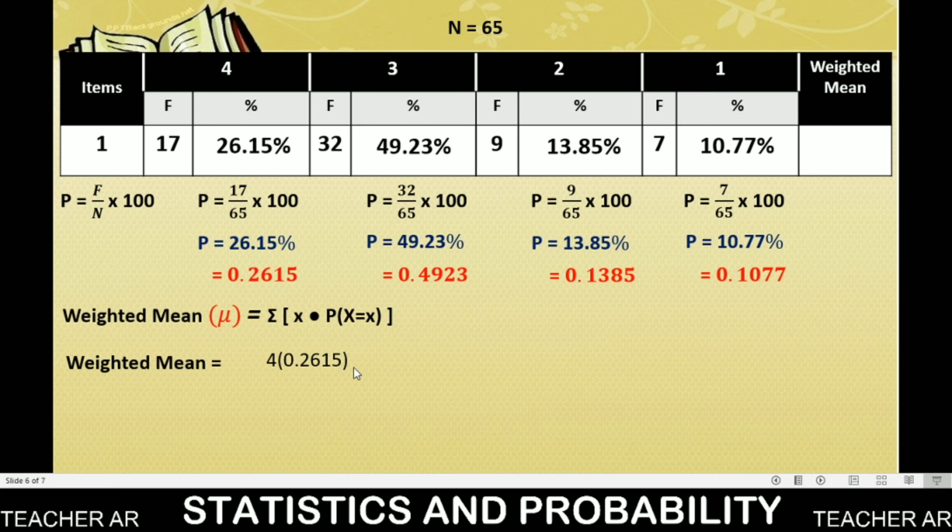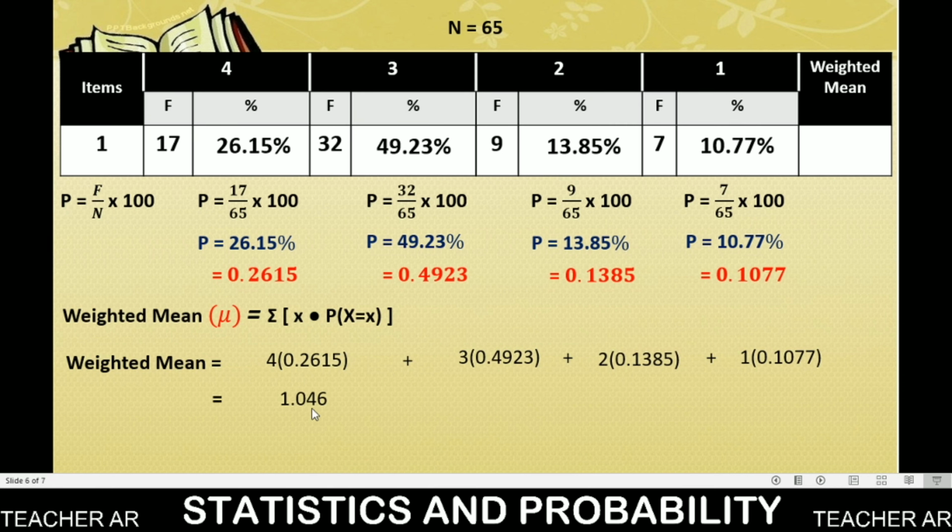0.2615, plus 3 times its probability, 0.4923, then plus 2 times its probability, 0.1385, and plus 1 times its probability, 0.1077. So the next thing we need to do is multiply. After multiplying, we need to add all the results.